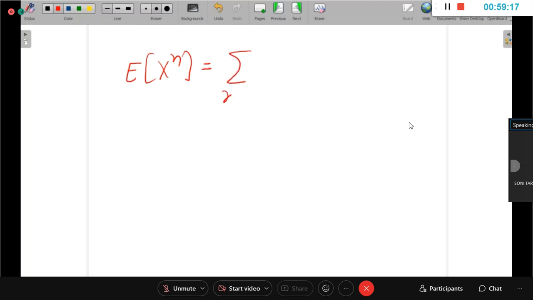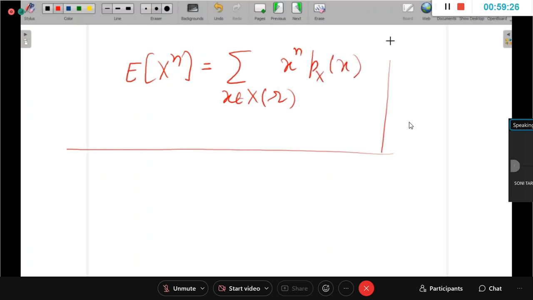You can show that this is going to be summation x belongs to x of omega, x to the power n times px of x. Now this is the case for the discrete case.